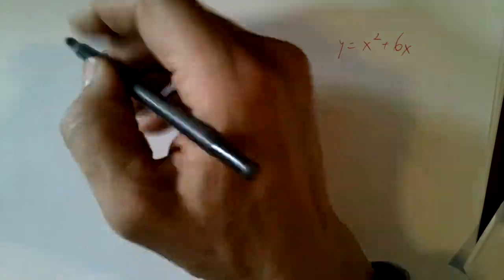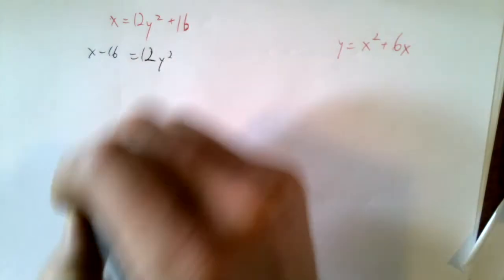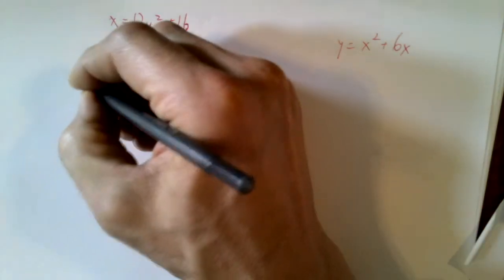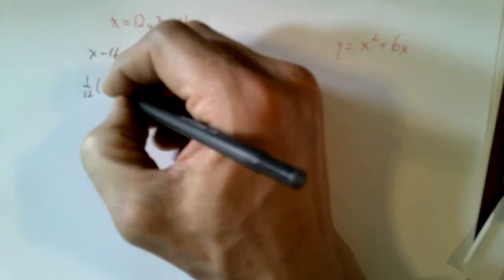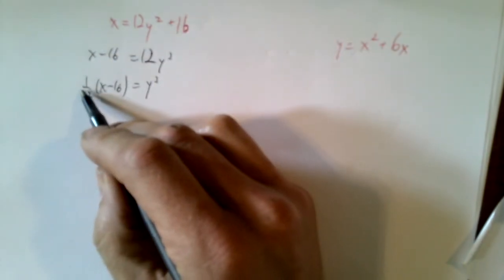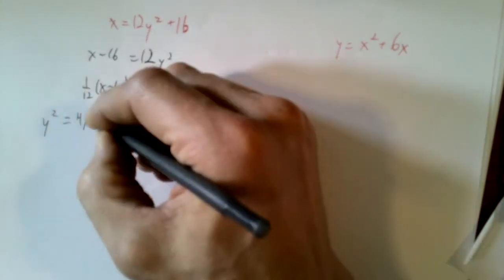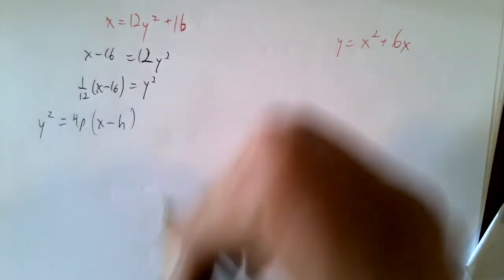So I'm going to have x minus 16 equals 12y squared. So y squared is 1/12 times x minus 16. Now I want y squared equals 4p times x minus h.